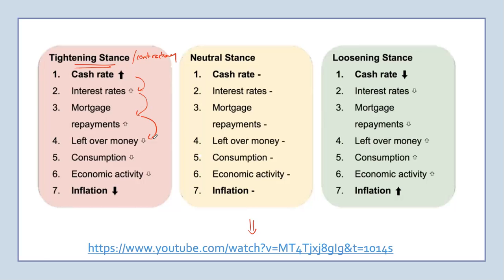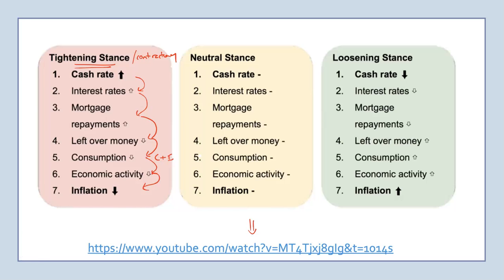That means people will have less money left over because they've had to pay more on their debt. That means they have less money to consume, and consumption is your C and maybe even your I part of aggregate demand. This is going to decrease our economic activity. If aggregate demand goes down, this will reduce inflation.